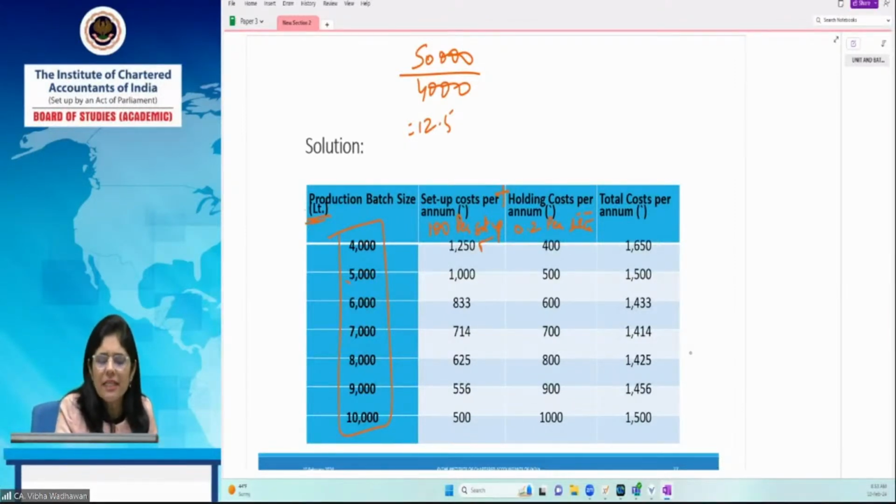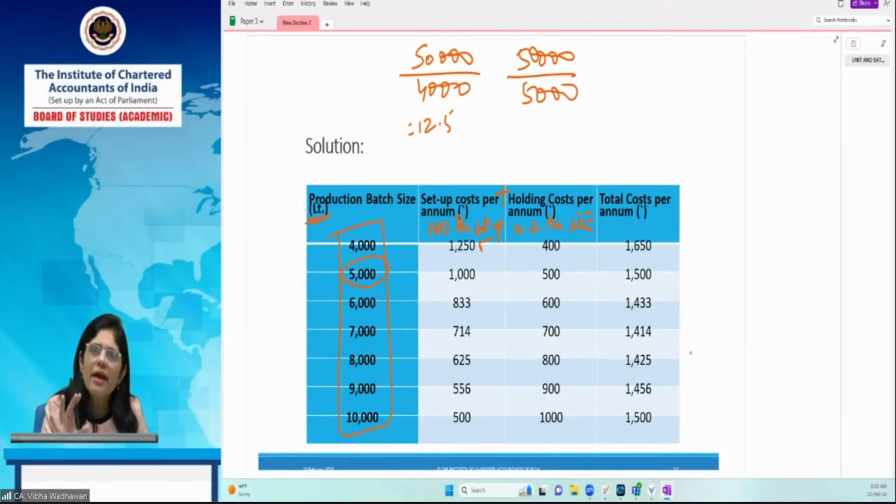If the batch size is 5,000, then how many setups do we require? 50,000 divided by 5,000. In total we require 50,000 liters, and if we produce 5,000 liters in one setup, we require 10 setups. The cost is 100 per setup, so it's 1,000. Clear?